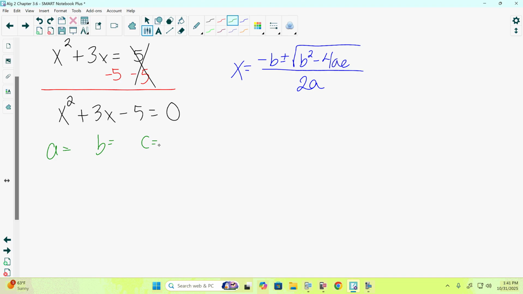Now, as we look at this here, a is going to be the number in front of x squared because this corresponds to the general form of ax squared plus bx plus c is equal to 0. Our value of a here is going to be 1 because the number in front of x squared is 1. Our value b, the number in front of x, is 3. And c, the number without a variable, our constant term, would be negative 5. So we have positive 1, positive 3, and negative 5.